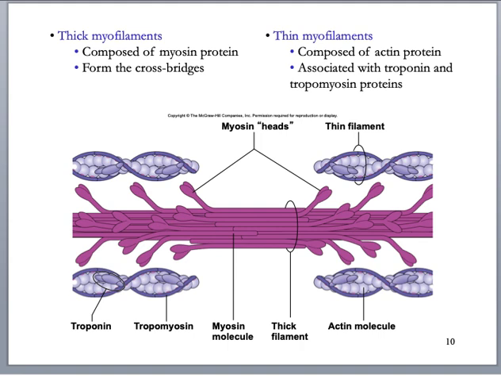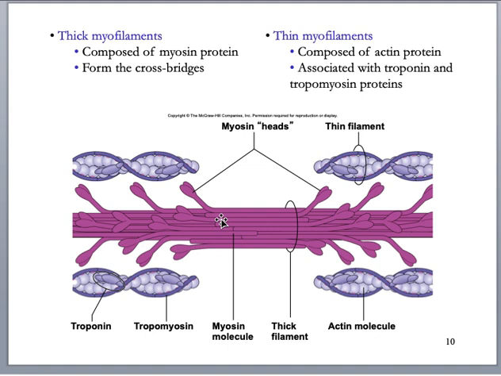So let's look up close at myosin. Here's our thick filament, this is myosin. And up here, the little balls that look like Mardi Gras beads, those are actin. Thick myosin filaments are made up of myosin proteins.